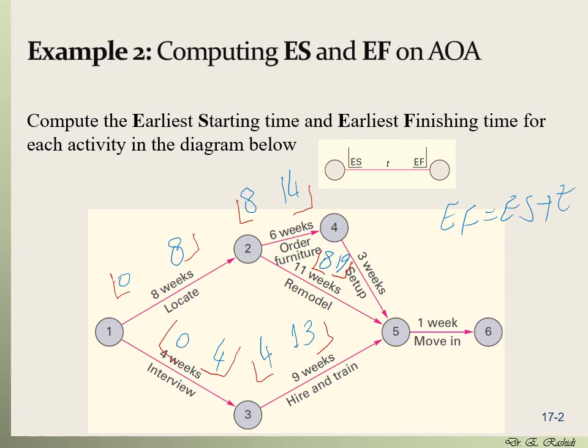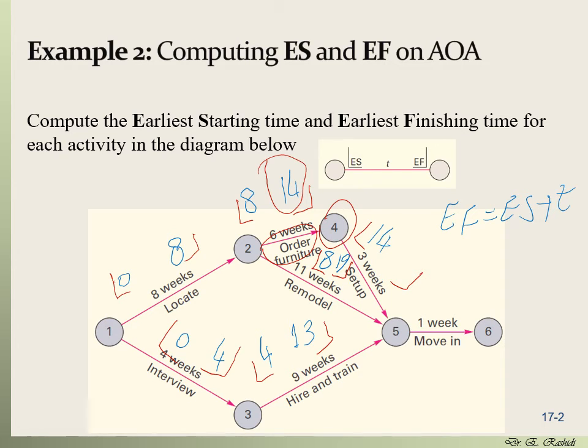Next, we're going to go with the activity 4 to 5, the setup. I'm going to create a little box here. For the earliest start of this activity, we have to get up to node 4. That means that activity ordering furniture 2 to 4 must have been completed, and that's not completed until the 14th week. So that means that the earliest start of 4 to 5, or setting up, is 14.